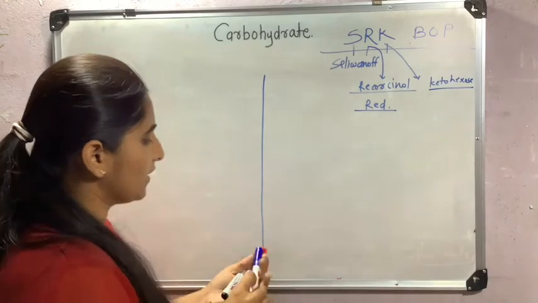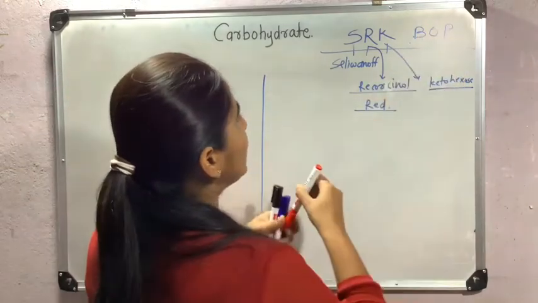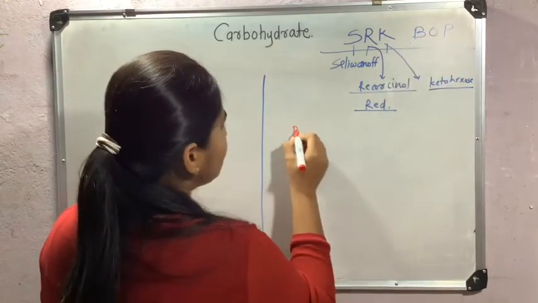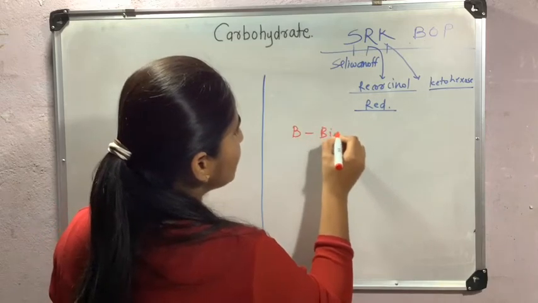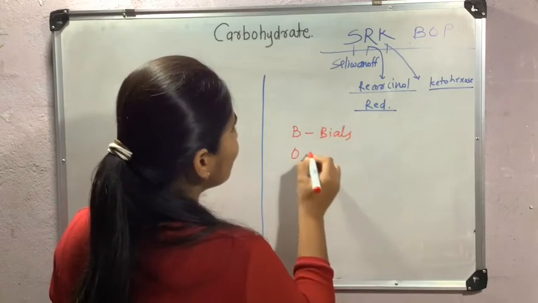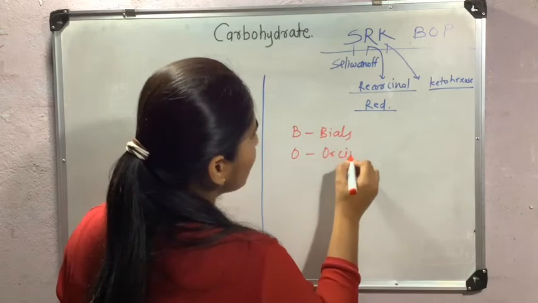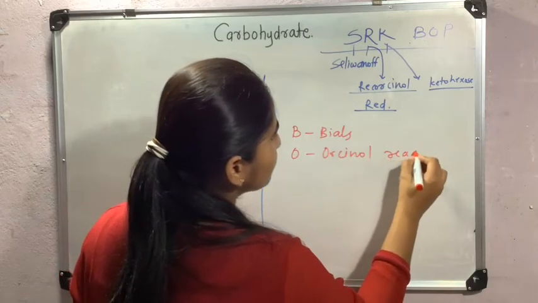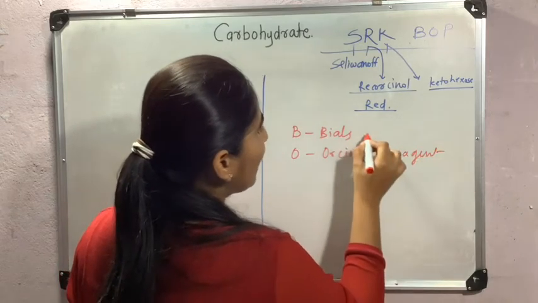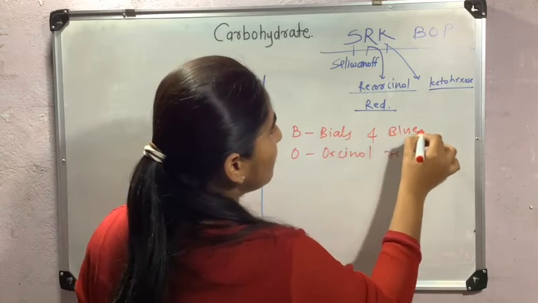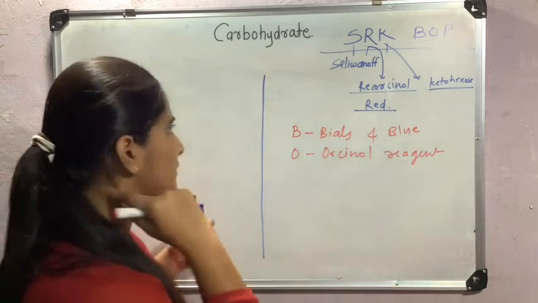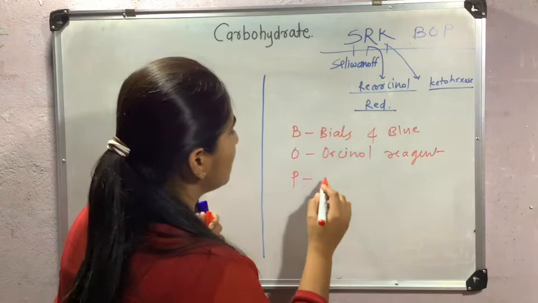And BOP, which is boy of poor family: B is for Bial's, O is for orcinol reagent, Bial's and blue color of the end result, and P is for pentose.